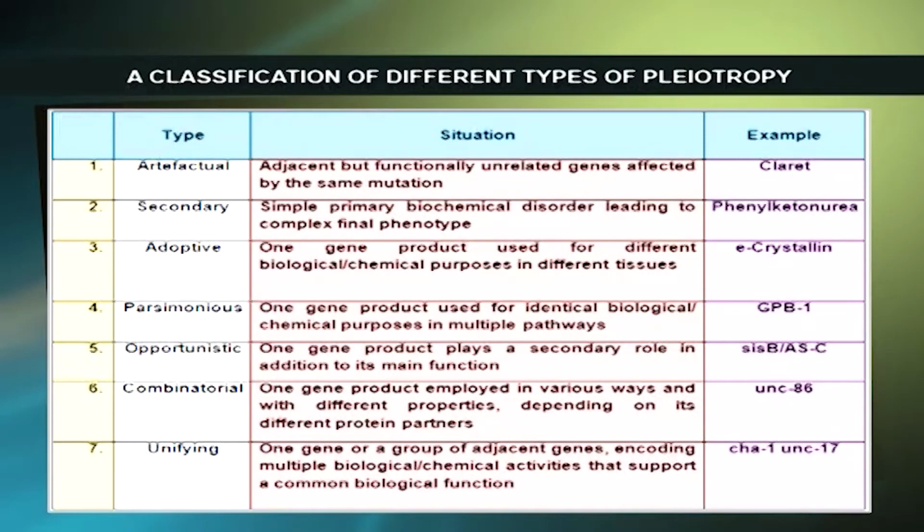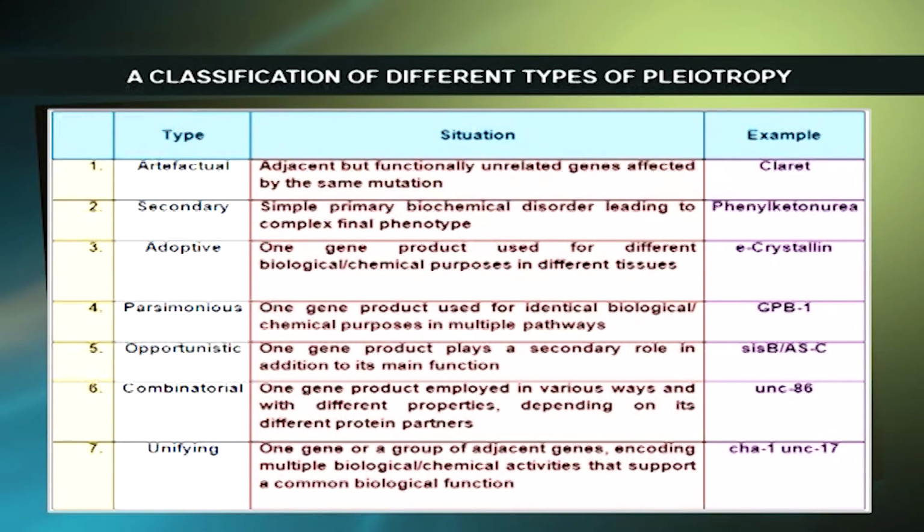Here you can see a table wherein the classification of different types of pleiotropy is given. The first column gives the type of pleiotropy, the second column gives the situation, and in the third column the example is provided. Now let us look into each type one by one.